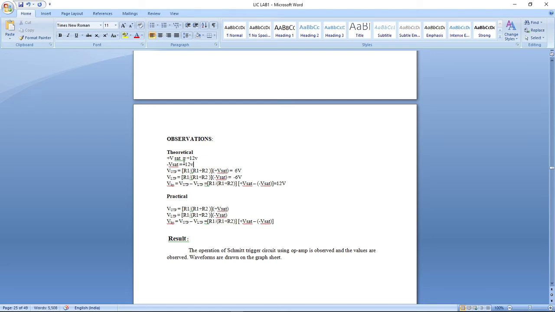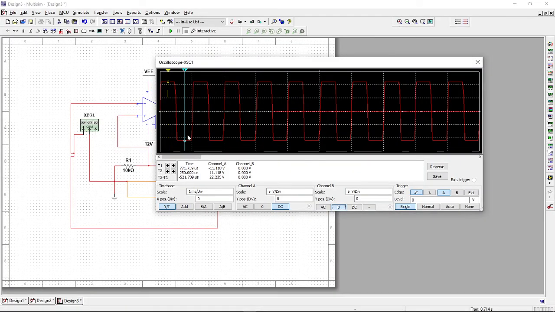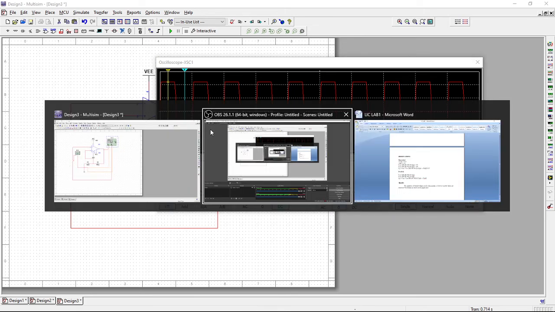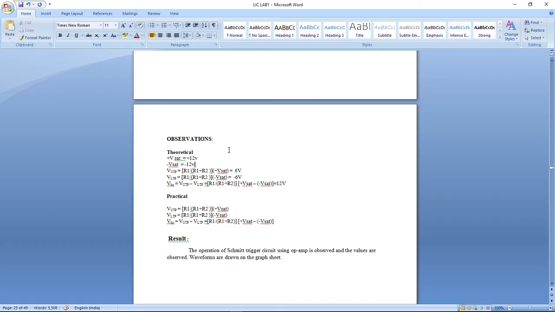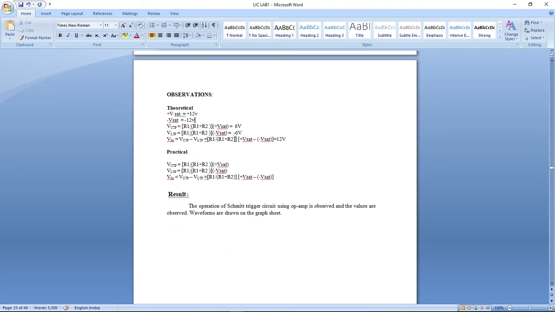These are the theoretical values of plus VSAT and minus VSAT. As observed, it is nearly plus 11 volts and minus 11 volts as the output. And now we have to check the UTP and LTP. The theoretical UTP and LTP will be 6 volts and minus 6 volts.